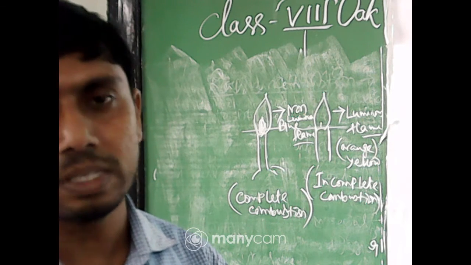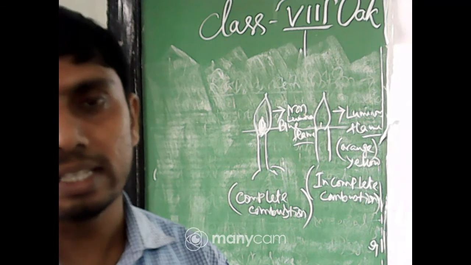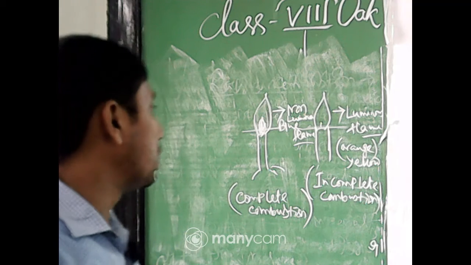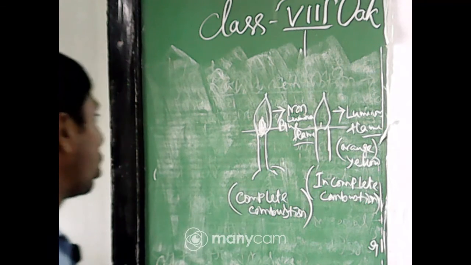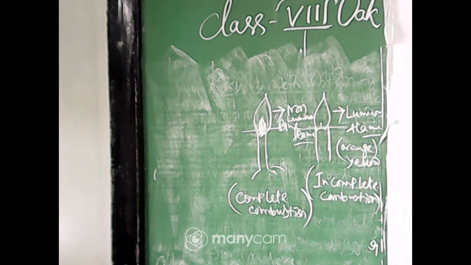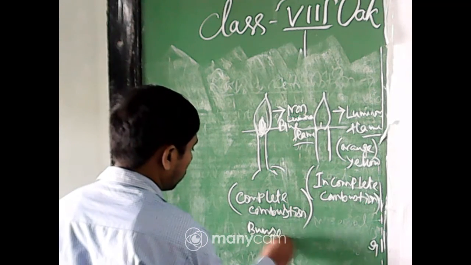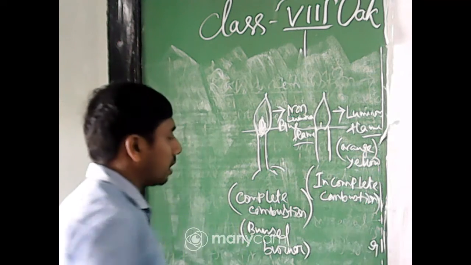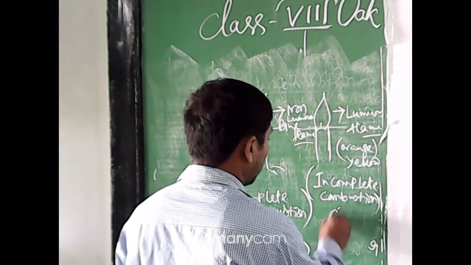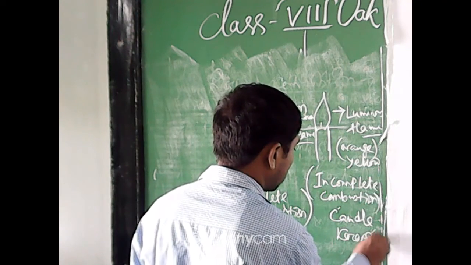It may be due to a deficiency of oxygen, or the heat energy required may be much more. So for this reason it is not burning. This is the reason for the luminous flame. In the non-luminous flame there is complete combustion of the substances. It is produced in the Bunsen burner, the burner used in the laboratory, while the luminous flame is produced by the candle, kerosene, etc.